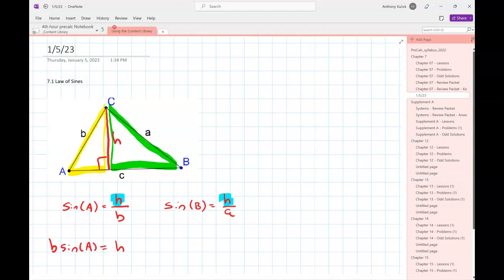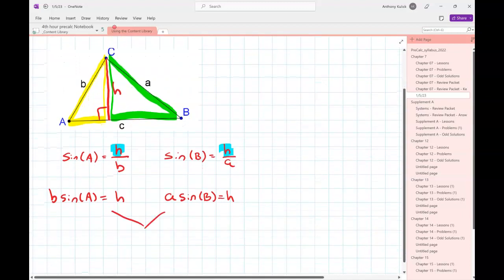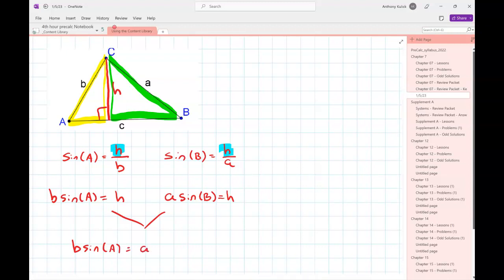And in the second equation, I'll multiply both sides by a. And then since they're both equal to h, they must both be equal to each other. Feeling good so far?